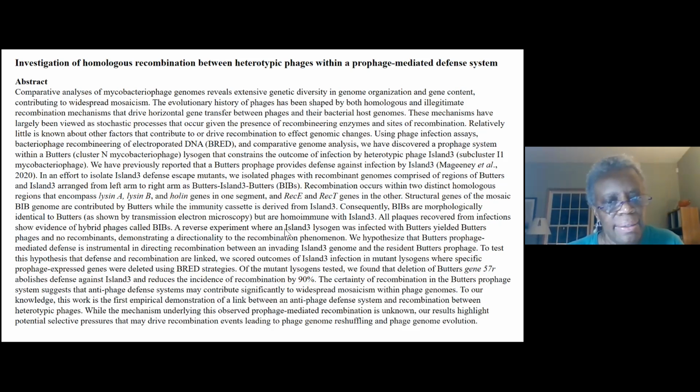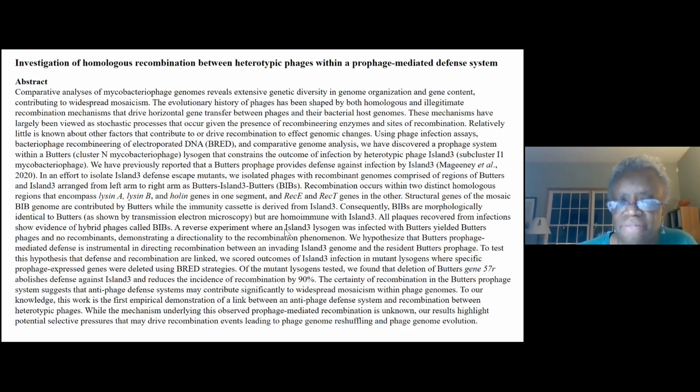It's not killing it. It's just living with the bacterial cell in such a way that it protects the host, the bacterial cell, from infection by other types of viruses, other types of phages.